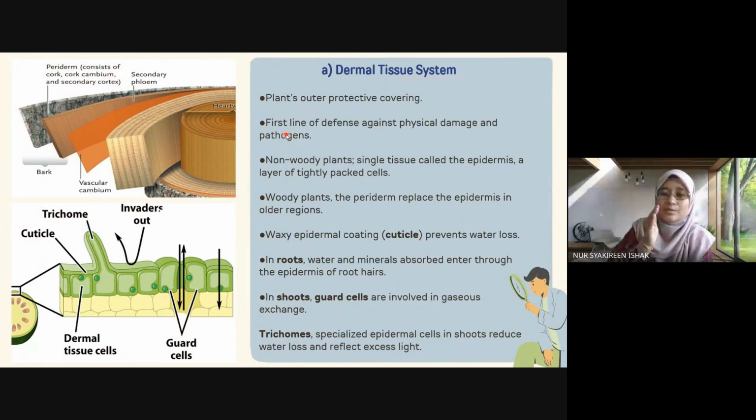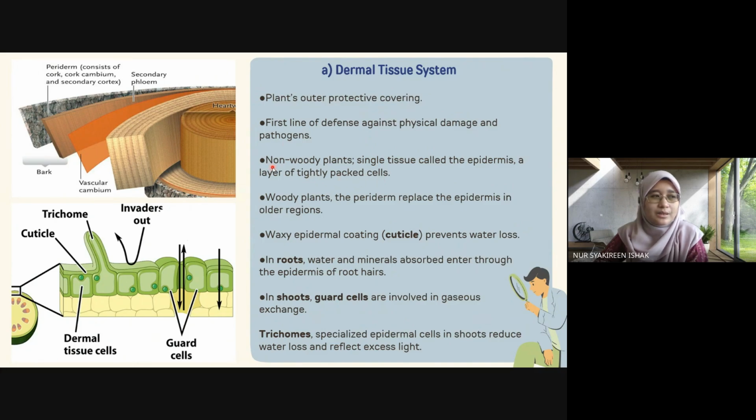It prevents pathogens from getting into the plant. It can be made up of, for non-woody plants, herbaceous plants, a single tissue called the epidermis, a layer of tightly packed cells.